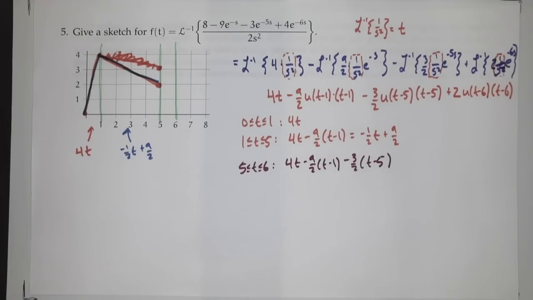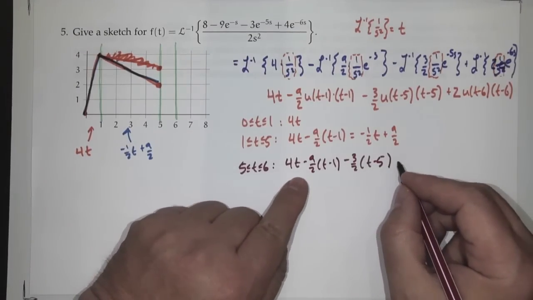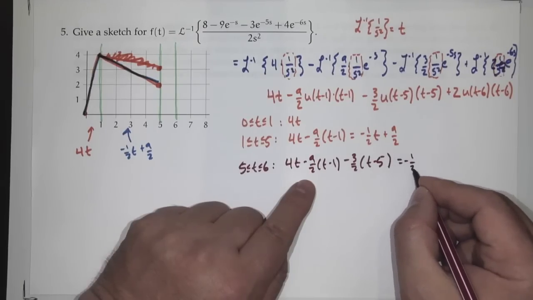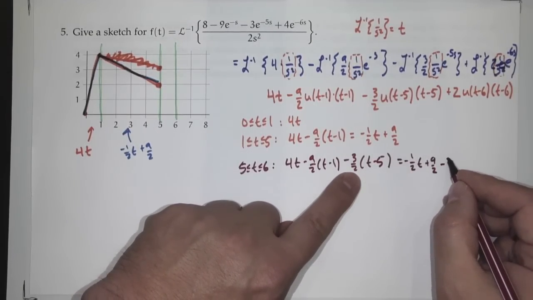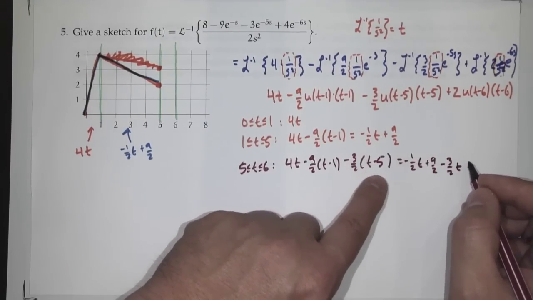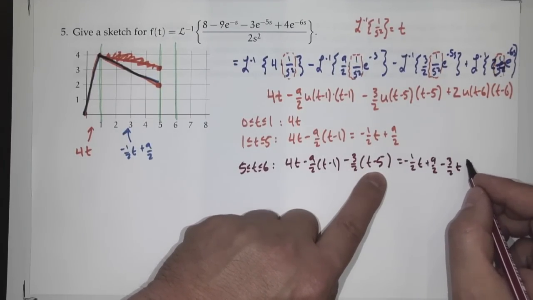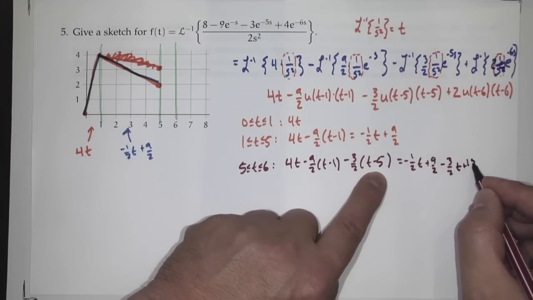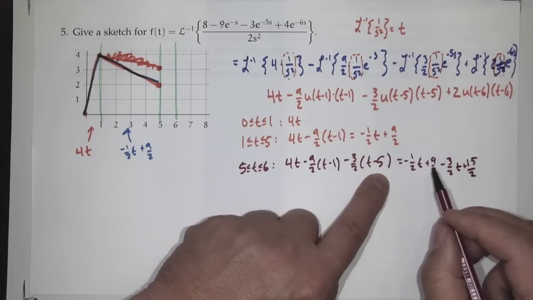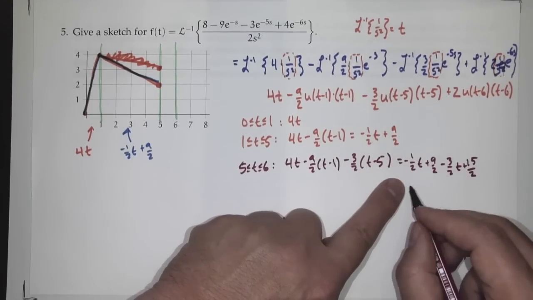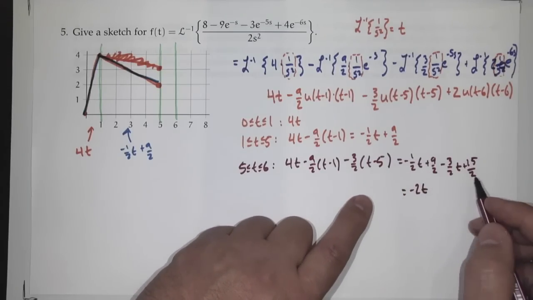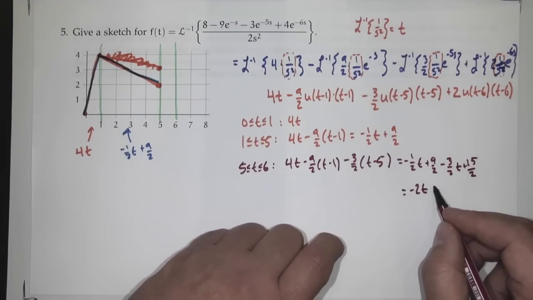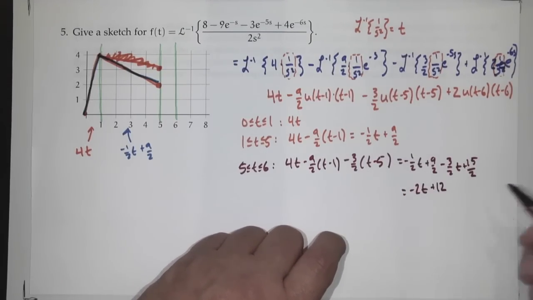Well, we know the first two terms become minus 1/2 t plus 9/2. And we have a minus 3/2 t and a plus 15/2. Well, minus 1/2 minus 3/2 is minus 2t, and 9/2 plus 15/2 is 24/2, which would make it a plus 12.